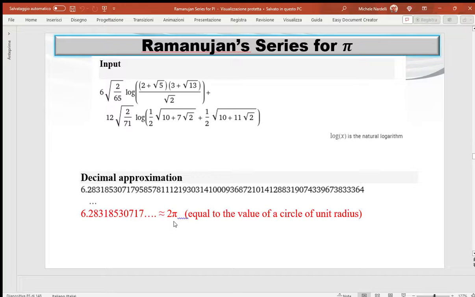Practically 2 times pi, that is equal to the value of a circle of unit radius. Pi plus pi equal 2 times pi.